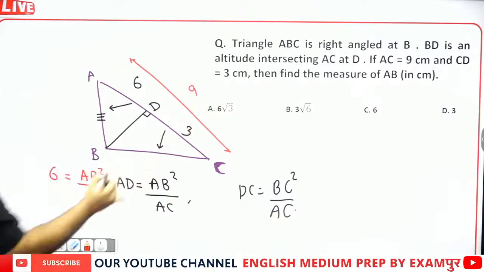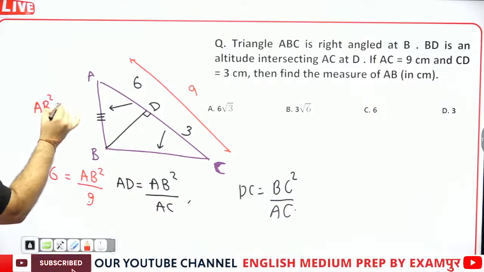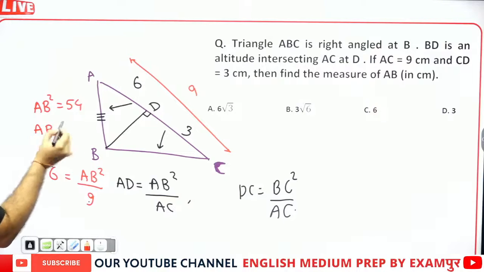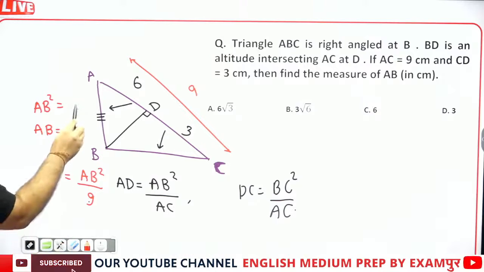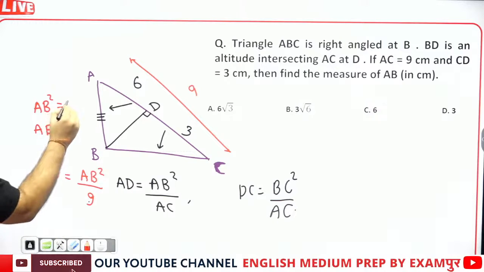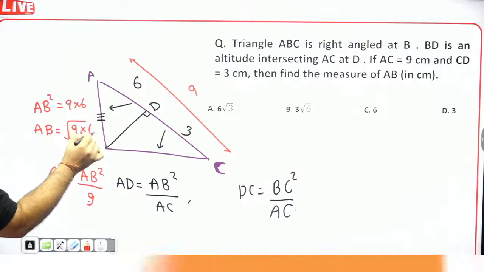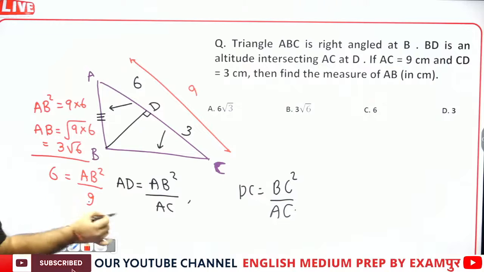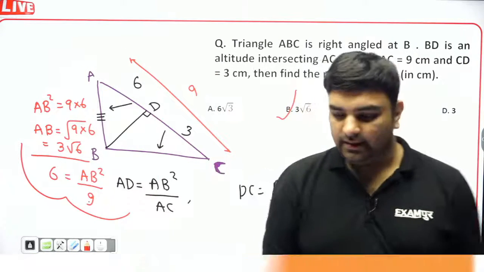So AB square is 54, AB is root 54. Or better, I keep it as 9 and 6 only. Three root 6. 3 root 6 is the correct answer.